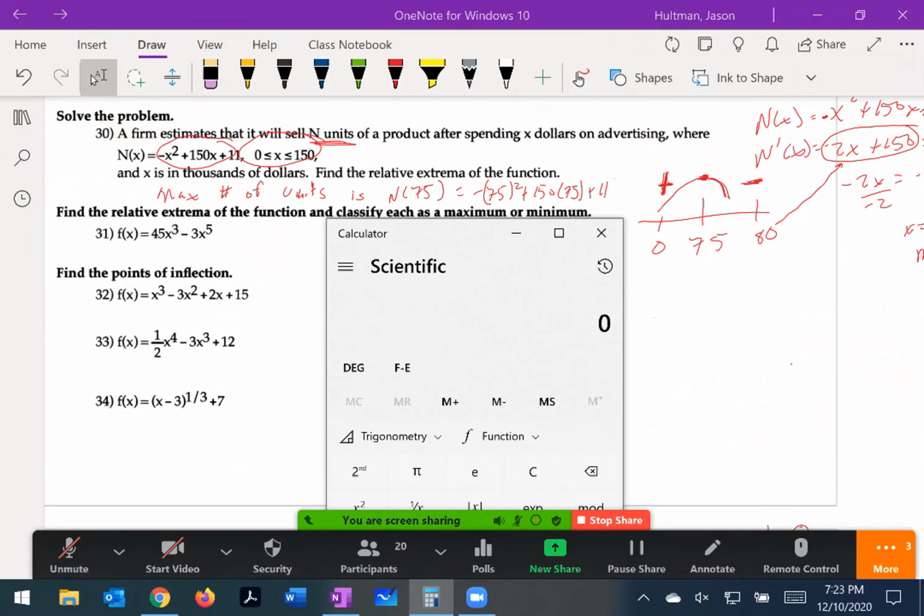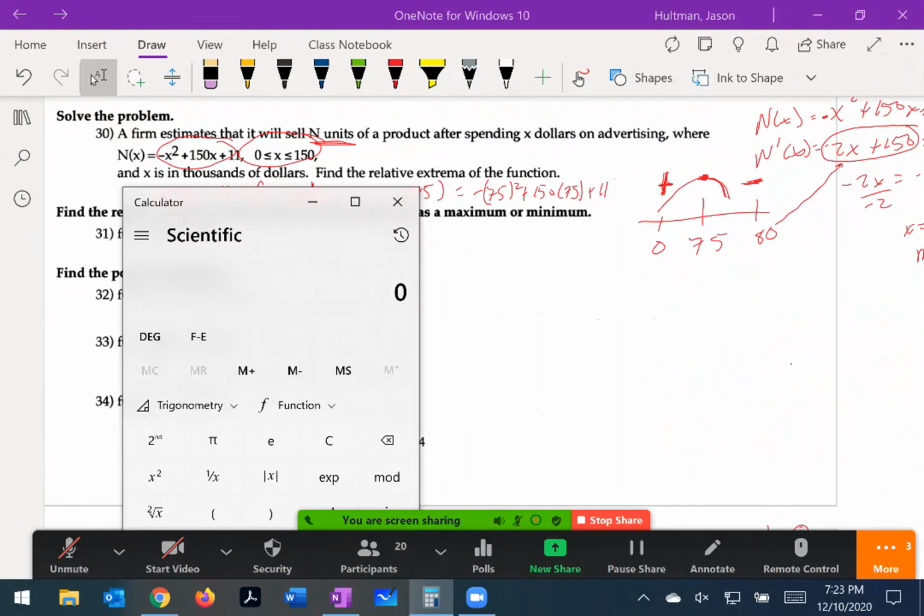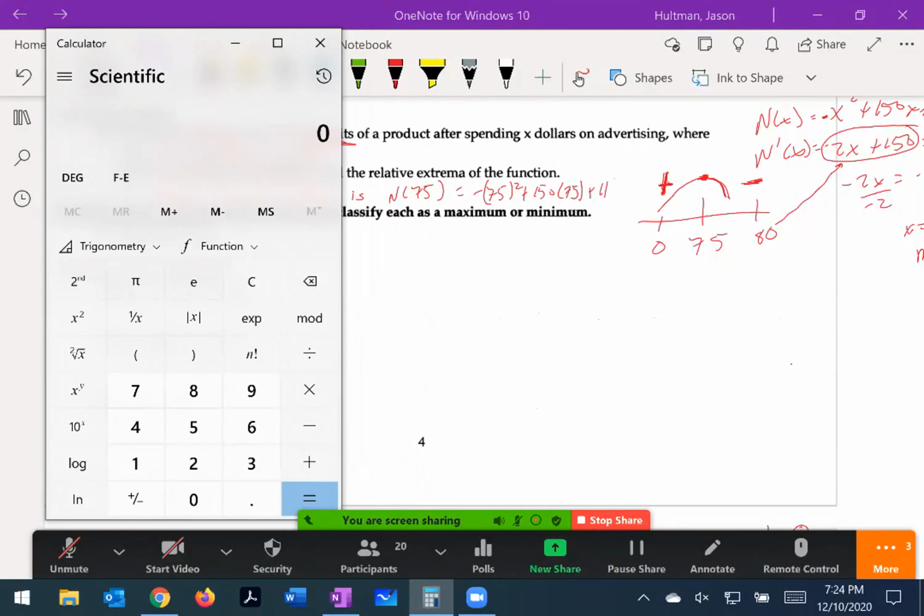Okay, so what was I plugging in? Yeah, 75. That's right. It's 75 squared, and then we have to make that negative.